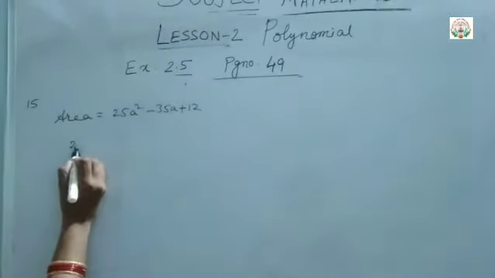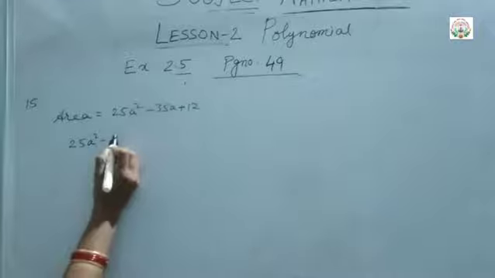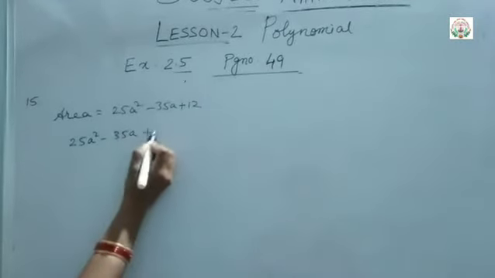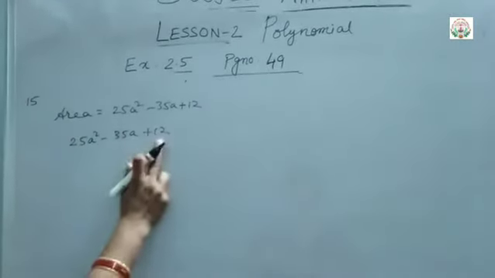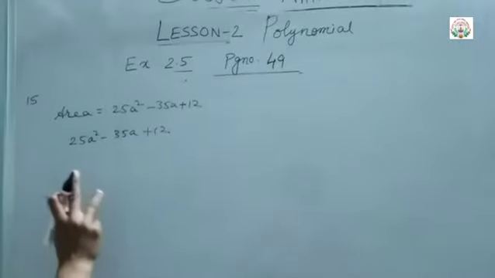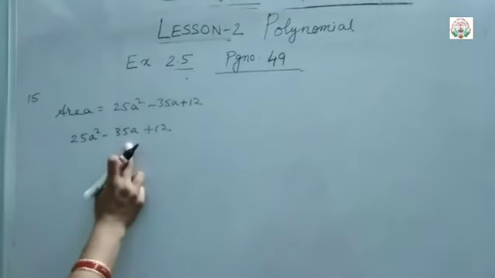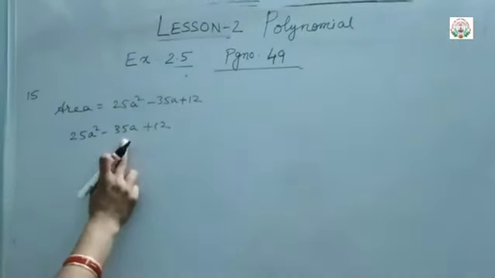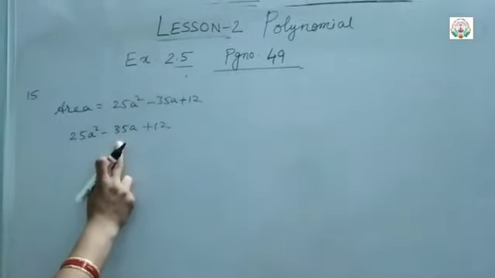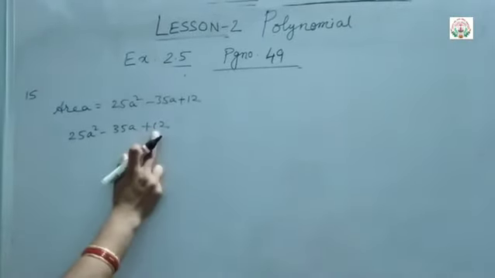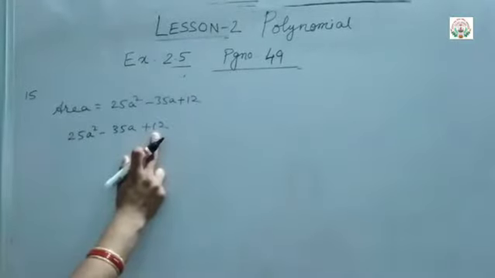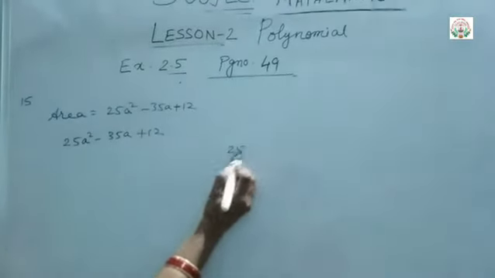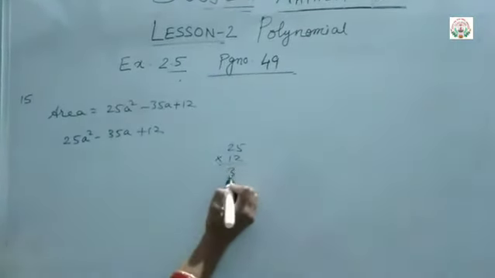So 25a square minus 35a plus 12. Multiply these two first terms, because factorize means splitting the middle term so that on addition or subtraction you must get 35, and on multiplication you must get 25 into 12. So 25 twelves are how much? 300.